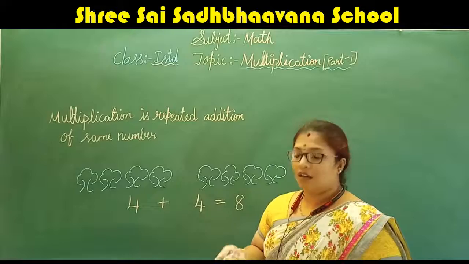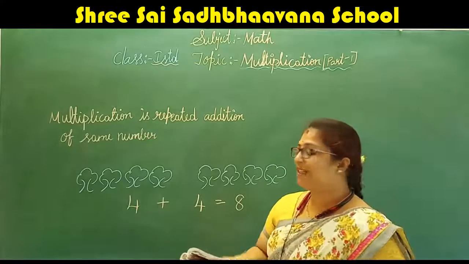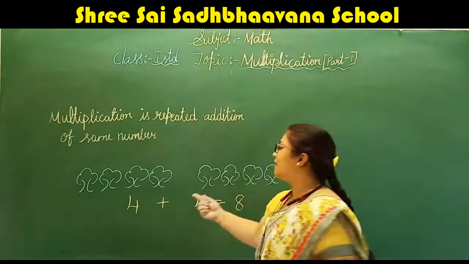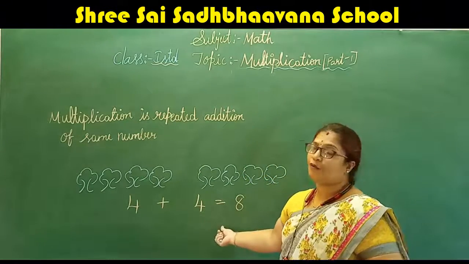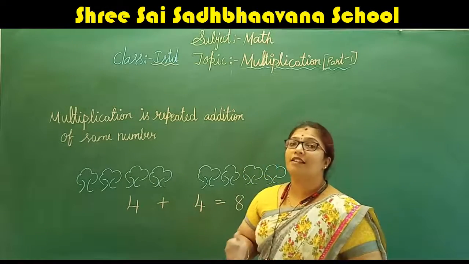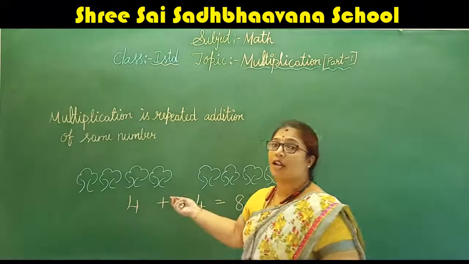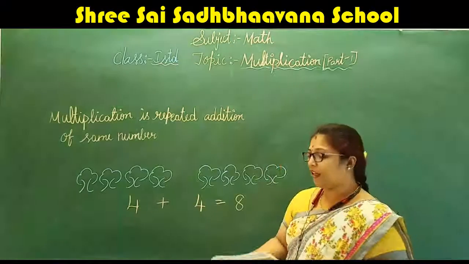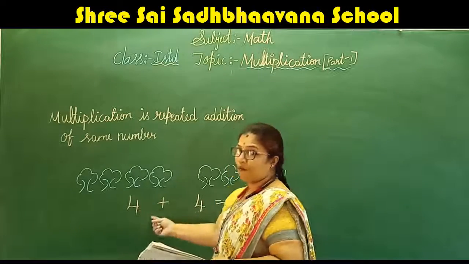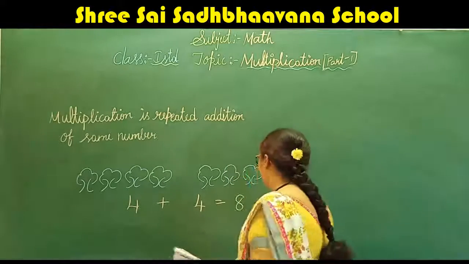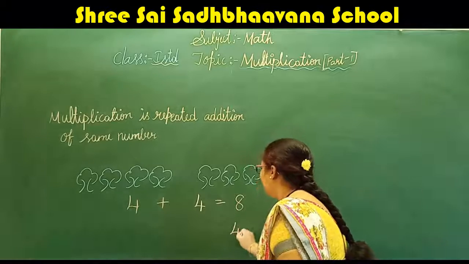Next, 2 times it is equal. Here 4 and here also 4. So it is equal. 2 times it is 4 here. So next we have 2 times 4.